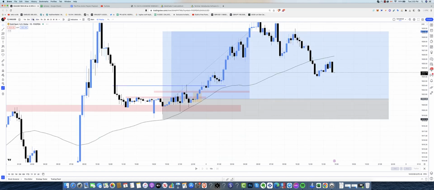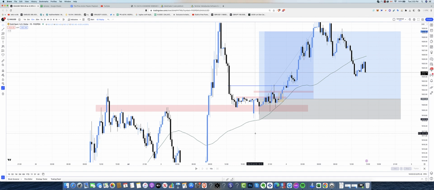But at the same time, whenever I enter, I'm anticipating that it's going straight to my profit. That's not going to always happen every time, but that's how I'm thinking: if it's an A++ trade, I'm going straight into profit. But if it doesn't, I have the stop loss here, so if I'm incorrect about the trade, I only get taken out for a little bit of money.